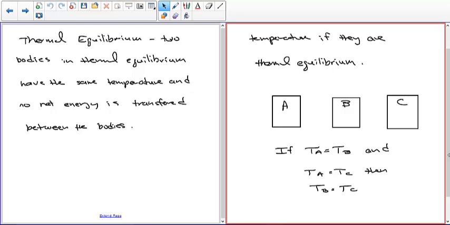That's like if A equals B and B equals C, then A equals C. You can do the same thing with temperatures. If these have the same temperature and they were to touch, there would be no energy transfer. And if I let these two bodies touch and there was no energy transfer, it would have to be because the temperatures were the same.